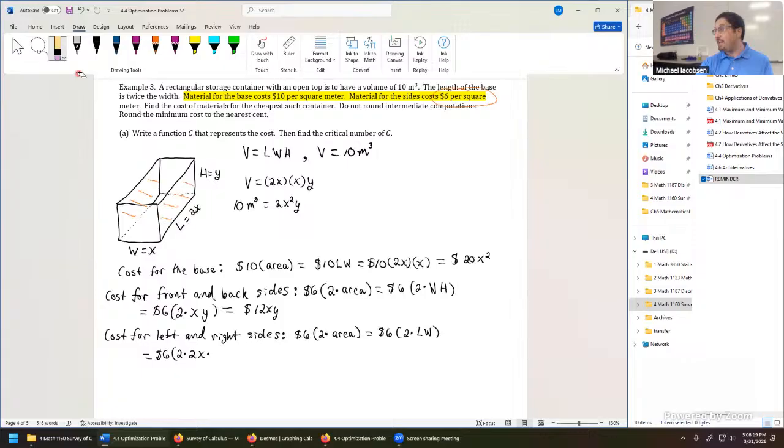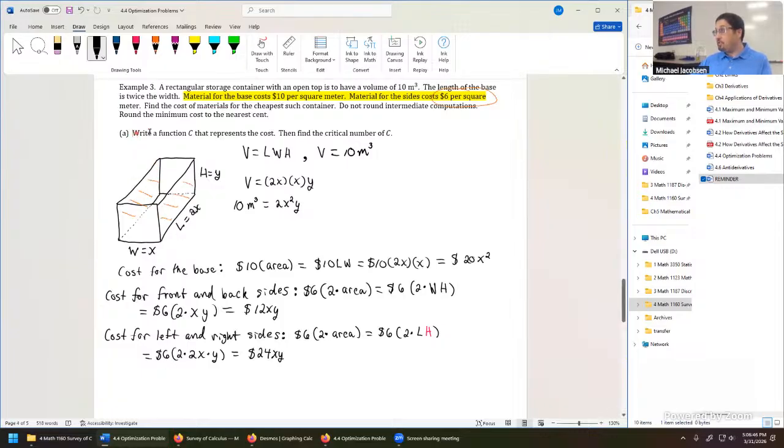That should have been length times height. Let me fix that one there. Length times the actual height itself, h, would give us the value y. So multiplying that all together, that's 4 times 6, so 24xy. And now we just about have it.